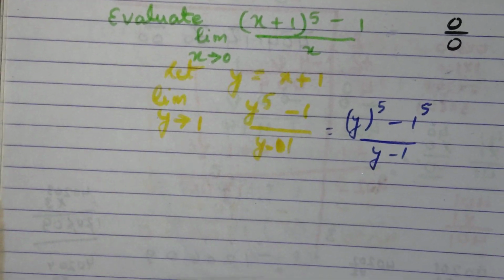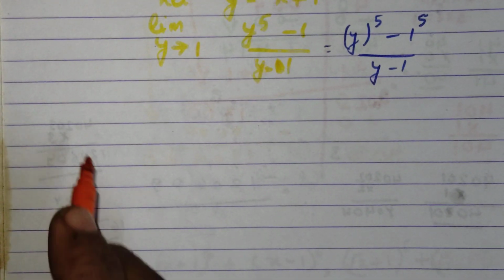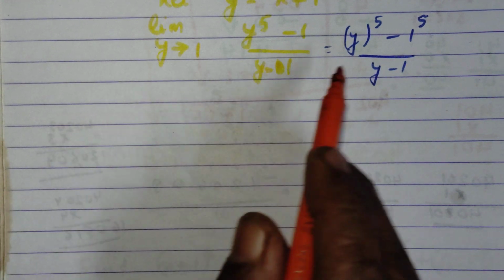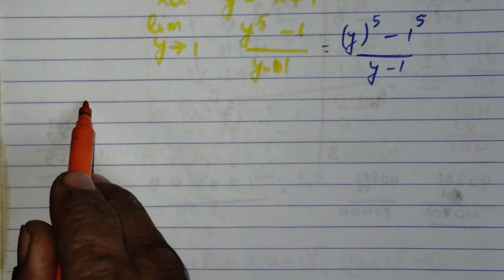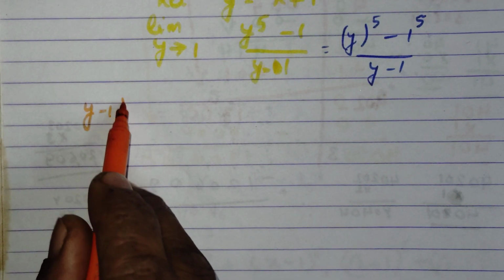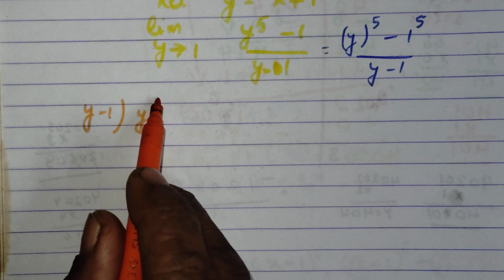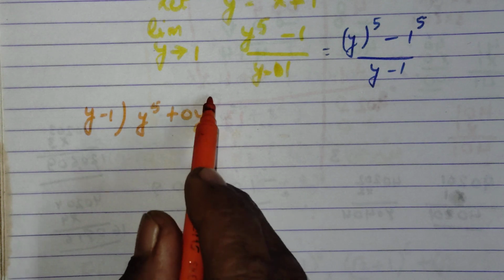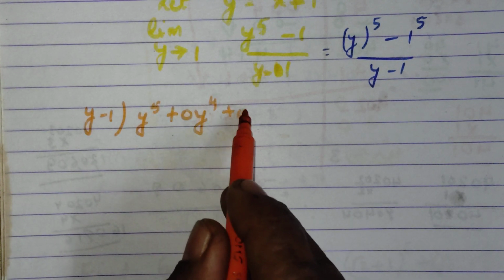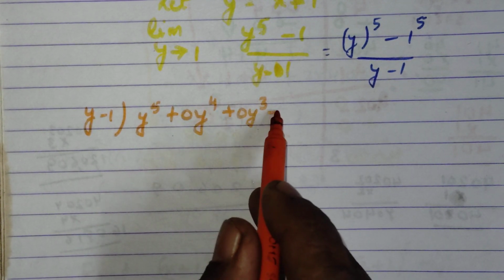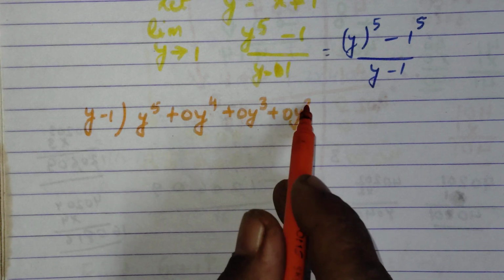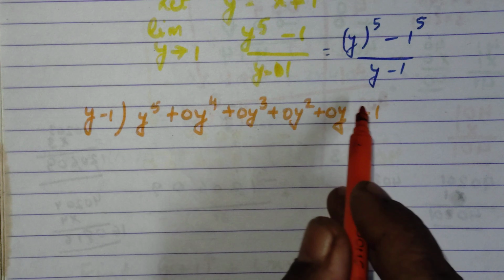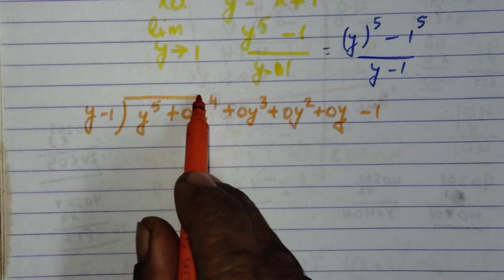It means we can apply the long division method, where our divisor is y minus 1 and the dividend is y to the power 5 minus 1. So we write 0y to the power 4, 0y cube, 0y square and 0y, then the constant term minus 1.